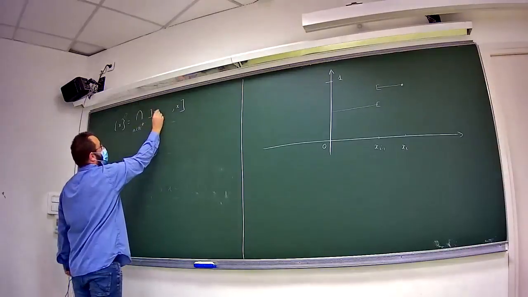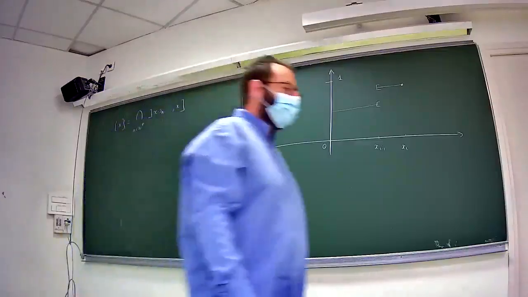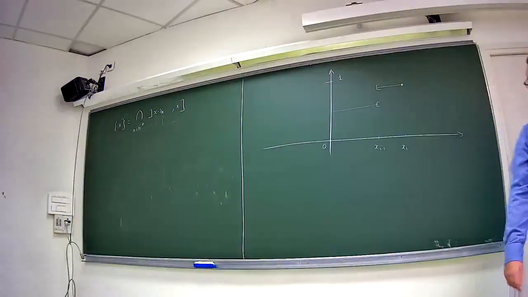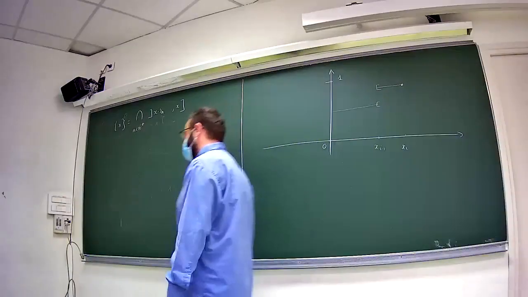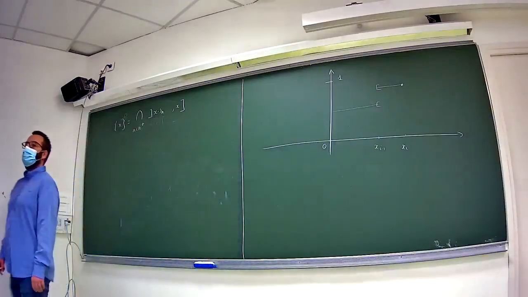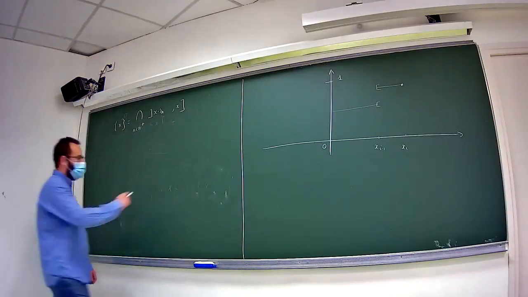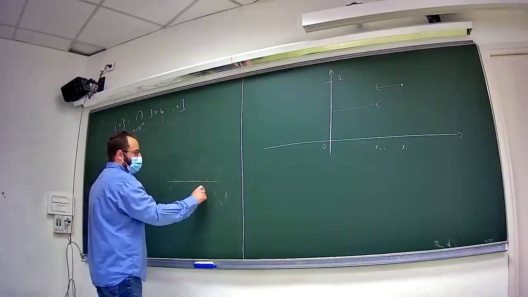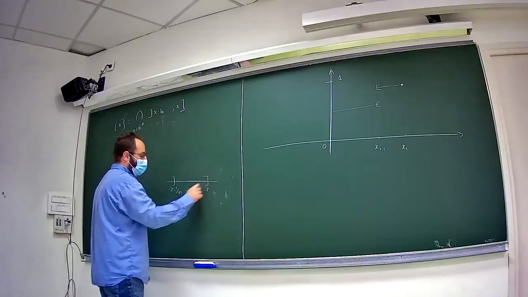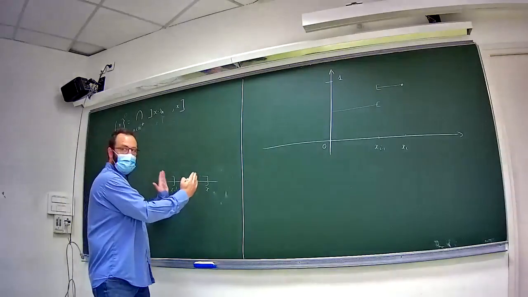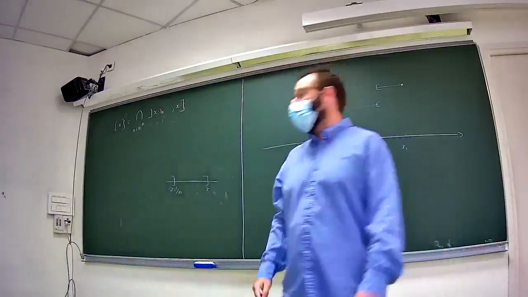So I want it to be inside this one. Why do I have this? So if you do a picture, you have x minus 1 over n, this way. If n goes to plus infinity, I will have smaller and smaller intervals when n increases, okay?